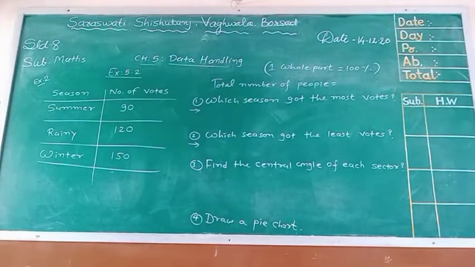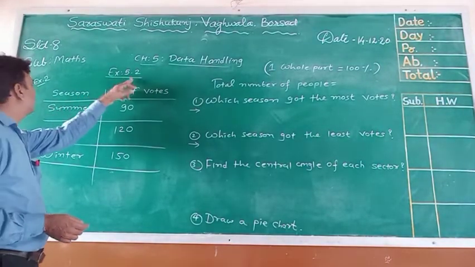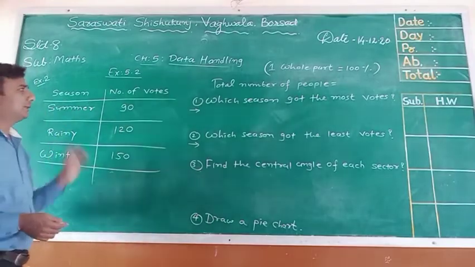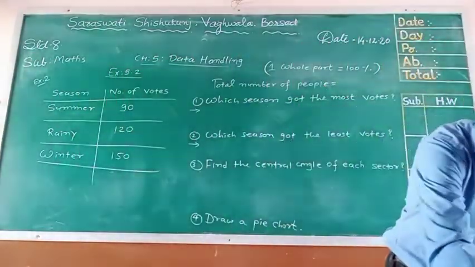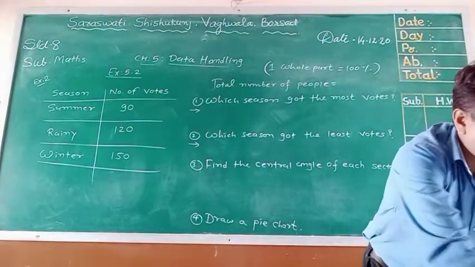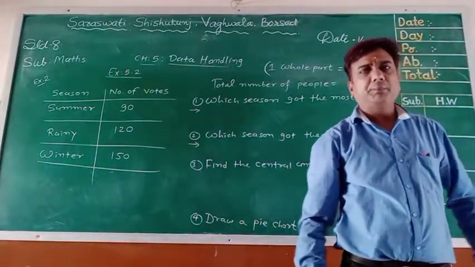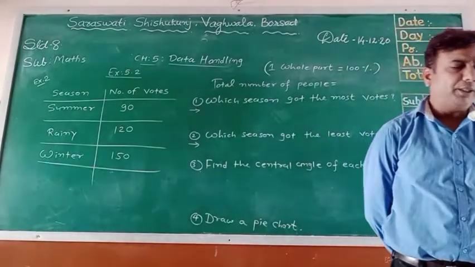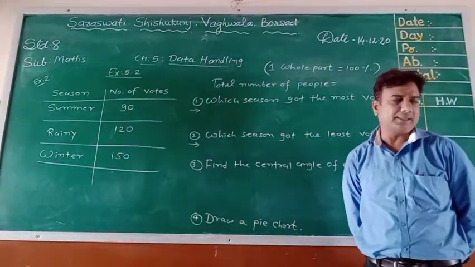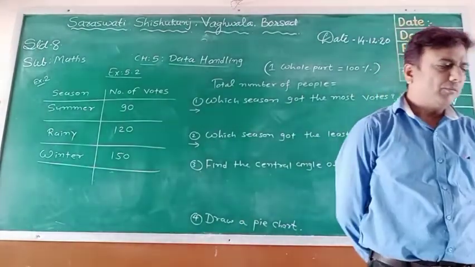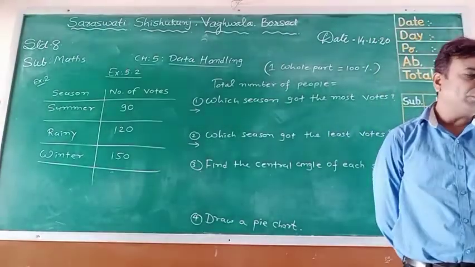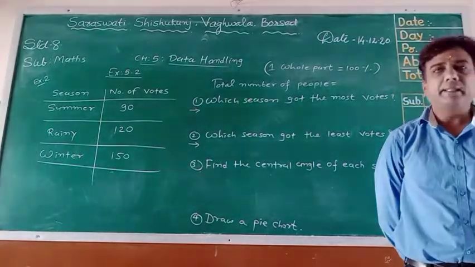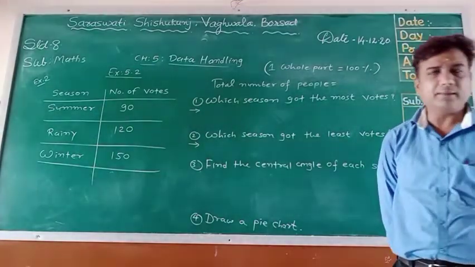Now from our textbook, exercise 5.2, sum number 2. This type of table is given and I read this question from the textbook. A group of 360 people were asked to vote for their favorite season from the 3 seasons: rainy, winter and summer.